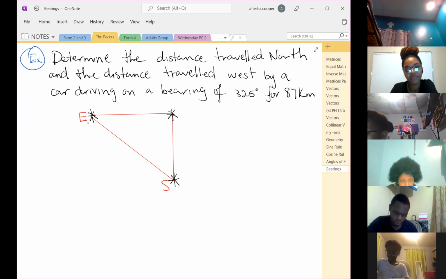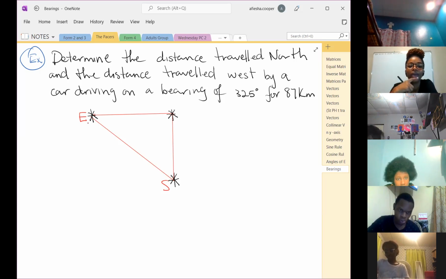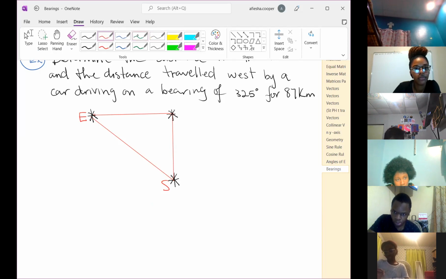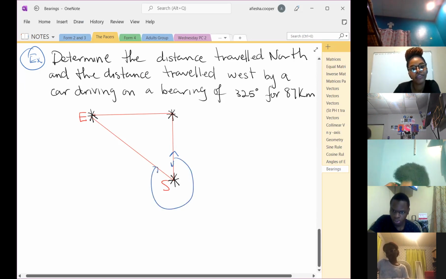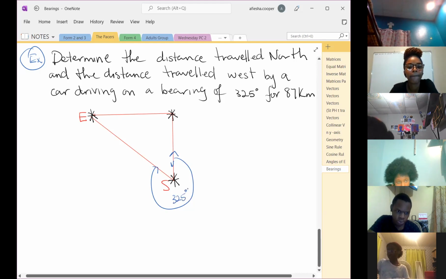So the ending from the starting, right? Always from your starting point. So my bearing is going to be on this straight line. So this is my north line, and my bearing is going to be from here to here. Any questions? And how much is that? 325, which it looks like 325, give or take, right?